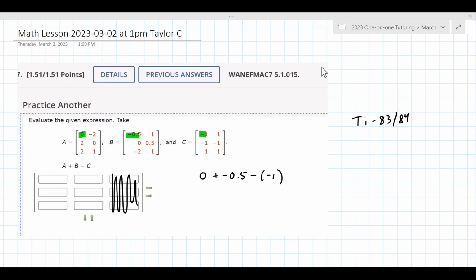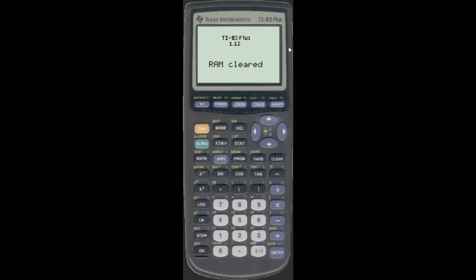If you've got a TI-84, it's very similar. Not going to be much difference. So you go to, let me just check here, math. No, it's not math, it's matrix. You go to second matrix, and then you go over to edit. Okay, and I'm going to hit enter for that.